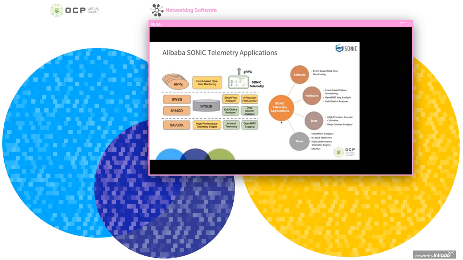For example, we support event-based real-time monitoring for software and hardware failures. We're also using OpenBMC log analysis to monitor hardware and environment changes. We also have the link optic analyzer. We support high precision counters for traffic stats. On the data plane side, we have in-band telemetry, a high performance telemetry engine, etc.